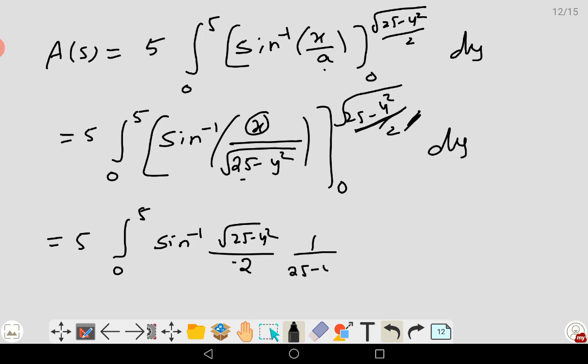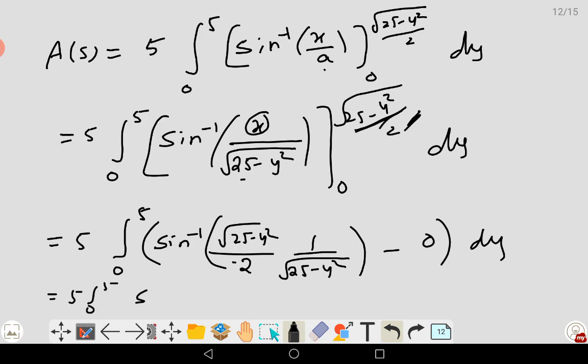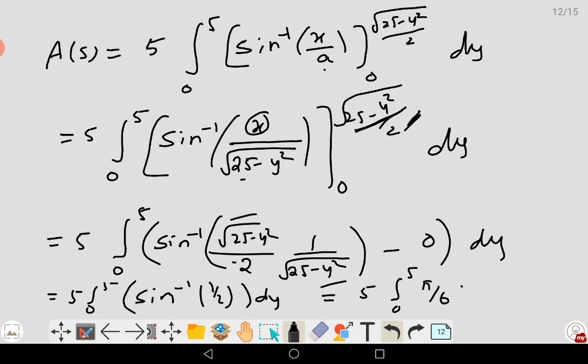And the term 1 over square root of 25 minus y square will be remaining there. Minus the lower limit 0, sin inverse 0 is 0, dy. So this will give you 5 times integral 0 to 5 sin inverse. This term and this term will be cancelled. So sin inverse 1 over 2 dy, and sin inverse 1 over 2 is pi by 6, which will give 5 times integral 0 to 5 pi by 6 dy.